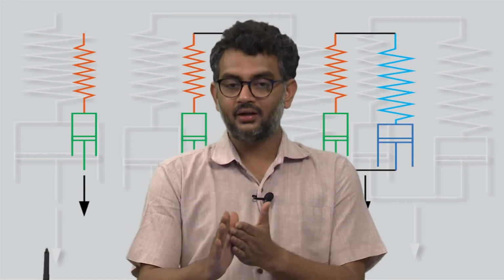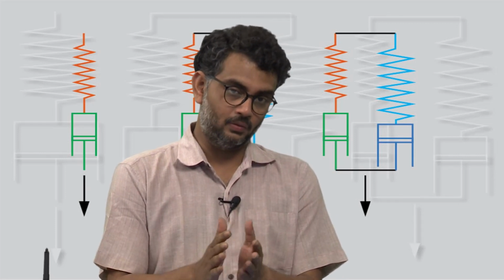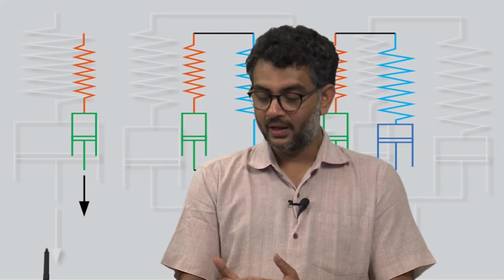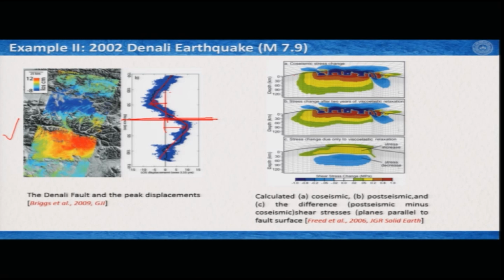So, instantaneous deformation of this crust that produced an earthquake also provides an instantaneous deformation in the mantle. And this is what is shown in this diagram. So, this is a coseismic stress change.